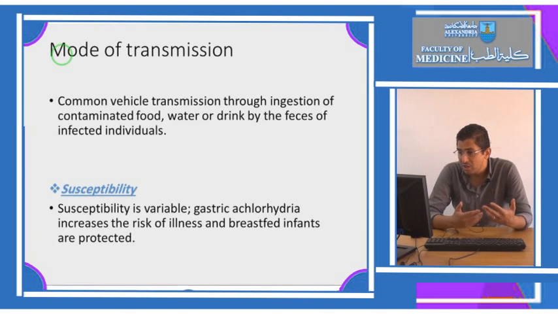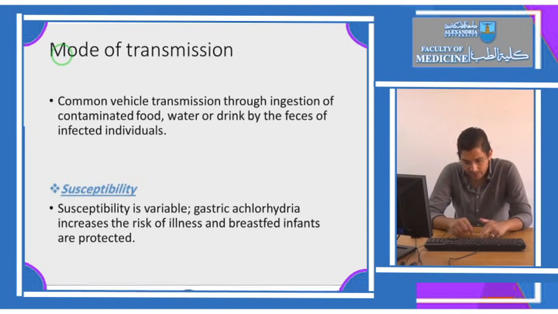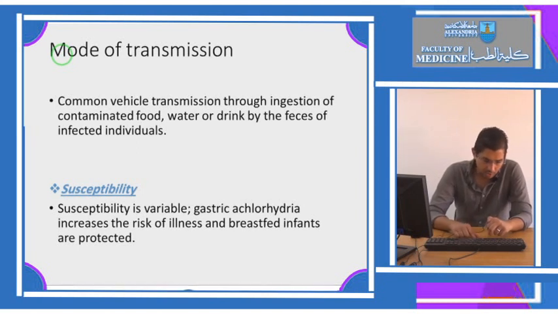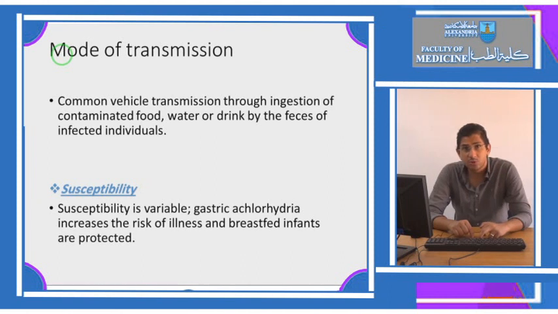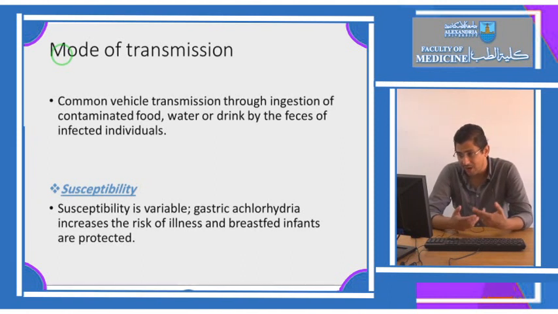Patients with gastric achlorhydria have an increased risk of illness, and breastfed infants are protected. So patients with atrophic gastritis, or on chronic proton pump inhibitors, having achlorhydria or hypochlorhydria, are much more susceptible than normal individuals.